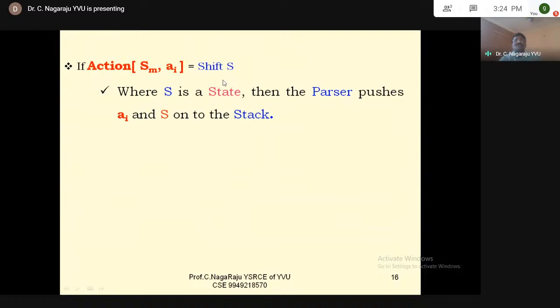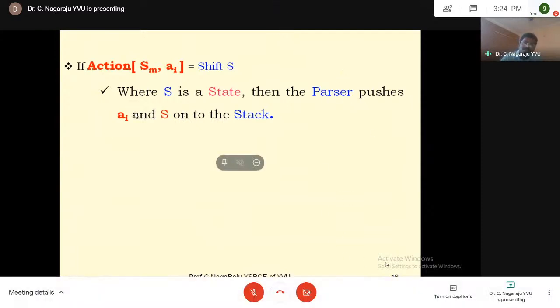So when the action is shifting, the terminal symbol is pushed onto the stack. That means the parser pushes the input value and the state name onto the stack.